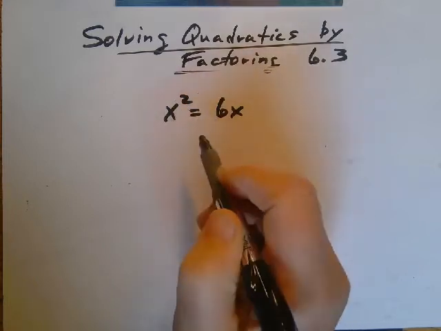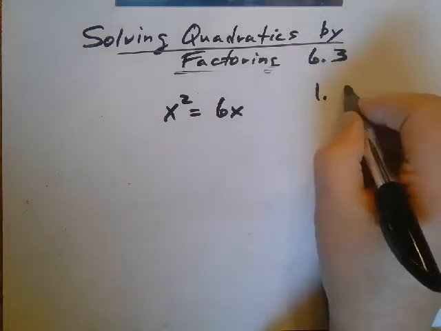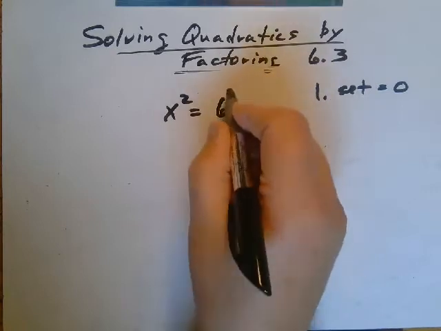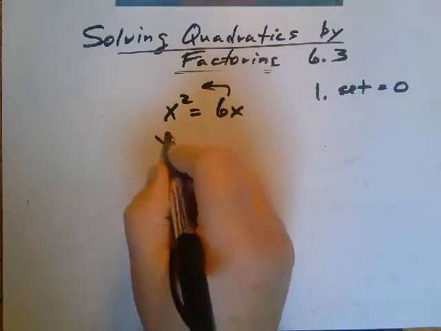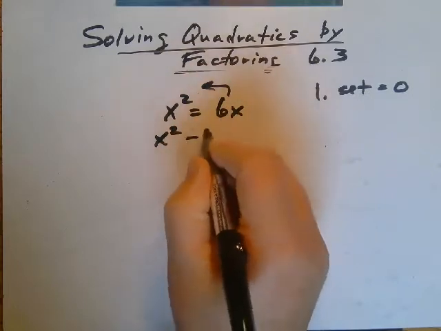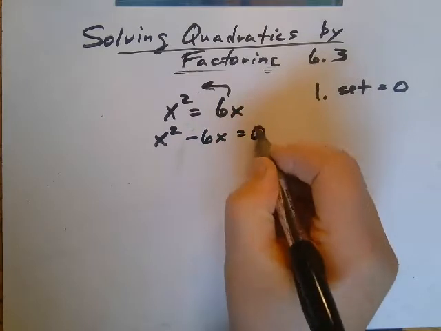So step 1 in solving quadratics is to set the original equation equal to 0. I'm going to move this over by subtracting 6x from both sides. And there you go.